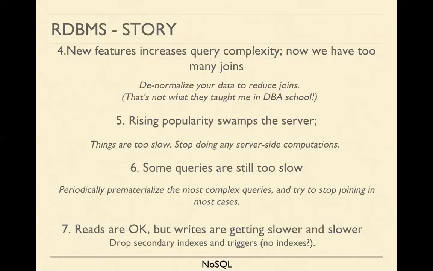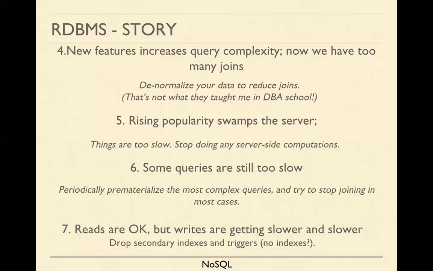the load made us do crazy things with the database. When you buy the database, these are the few things which database vendors try to sell to you. Okay, they try to sell to you the consistency, the CAP theorem, the normalization, the foreign key infrastructure, the indexes, and so on.